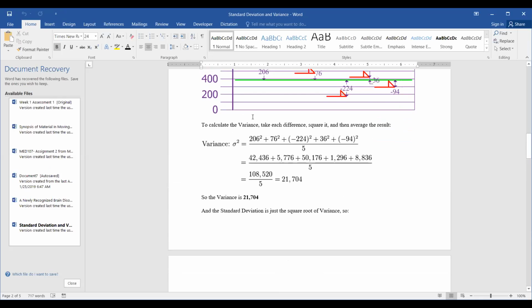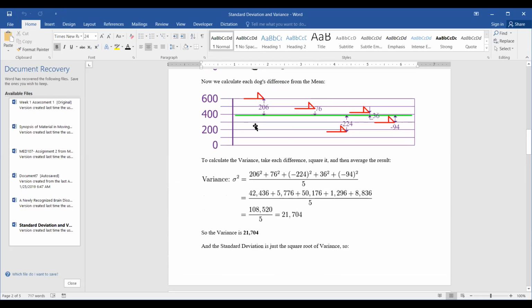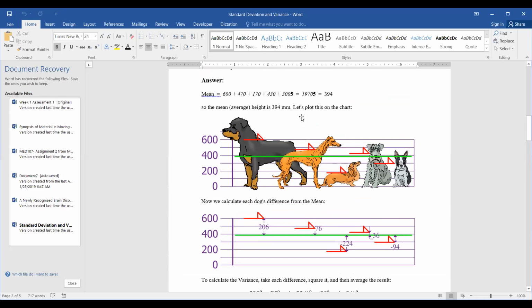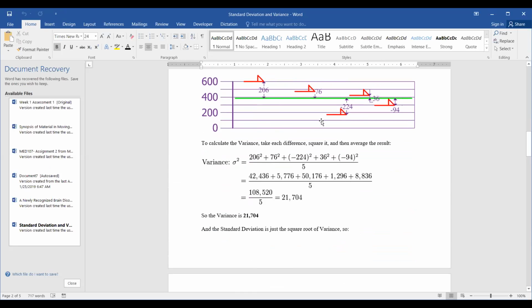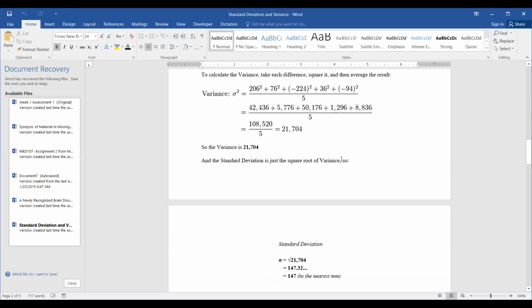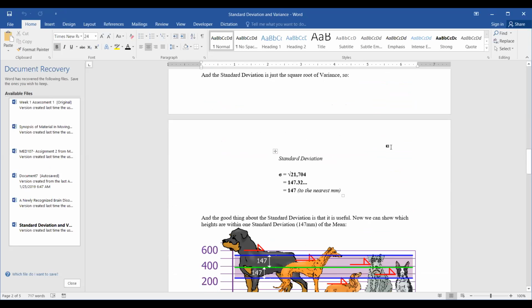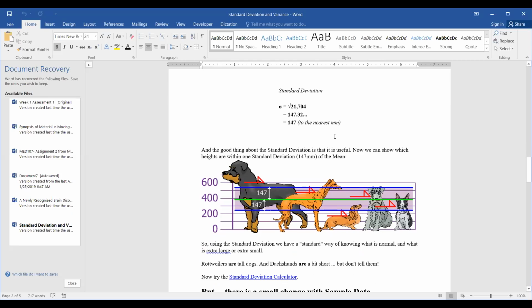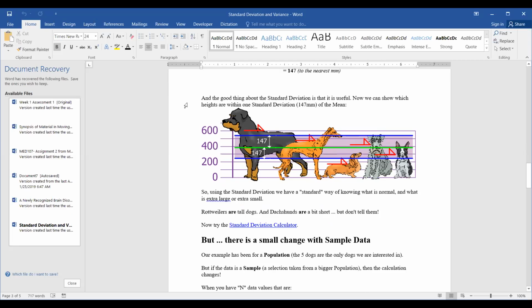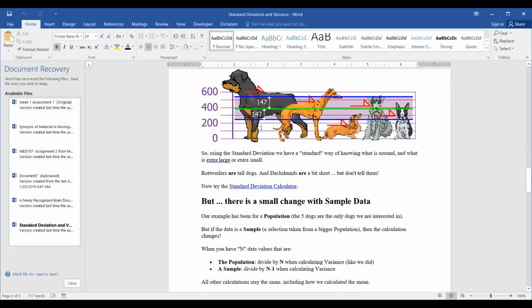And we divide by, in this particular case, 5 animals. We're dividing by 5 because it's our entire group, our entire population. And then we take the square root of that to give us a number for the standard deviation.